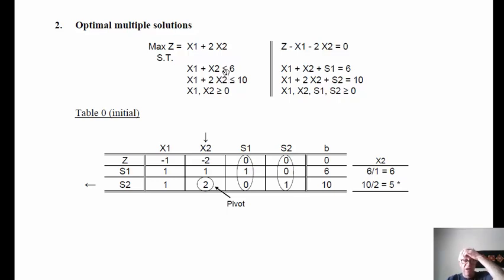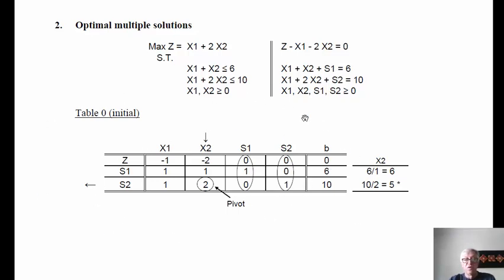The objective is to understand the behavior of the simplex method, but to understand exactly what's happening, we will use also the graphical solution. Okay. So our first step is to transform these inequalities, introducing the slack variables S1 and S2, and then we build the initial table. Okay.